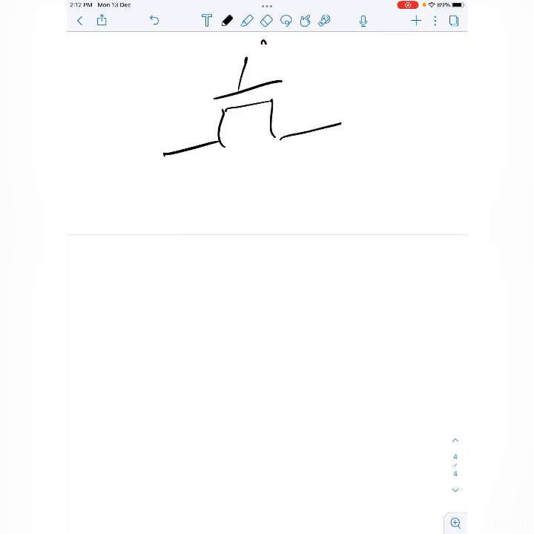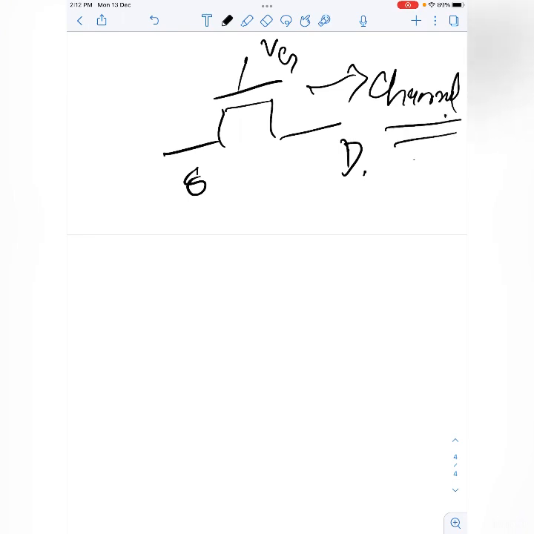Suppose this is VG, this is source, this is drain. The very basic thing for this device to be on is channel formation, and the channel gets formed when VGS is greater than or equal to VTH.